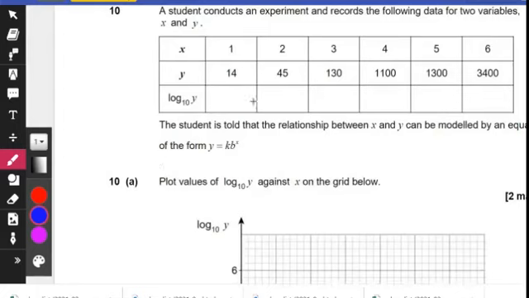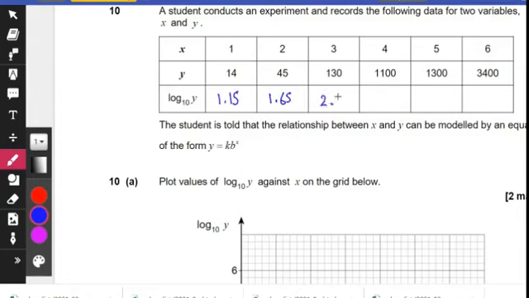So, could somebody please tell me what log to the base 10 of y is, i.e. log to the base 10 of 14? 1.15, to 3 significant figures. Okay. 1.15. Then the next one is 1.65. Okay. Then 2.11.